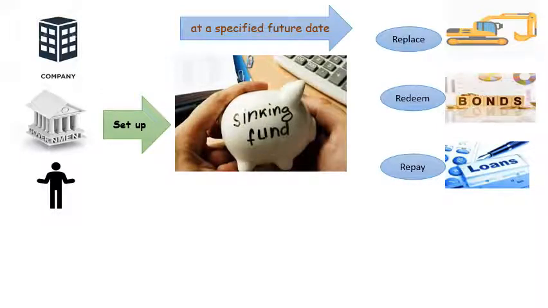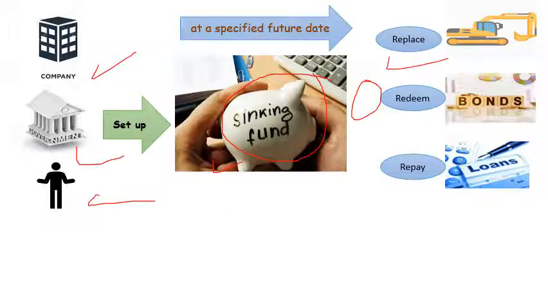In a sinking fund, each business entity can deposit equal periodic payments in a fund to earn interest on these deposits, for achieving the objective of accumulating the required amount at maturity to fulfill the requirements, whether to replace equipment, redeem bonds, repay loans or meet any other financial obligations.